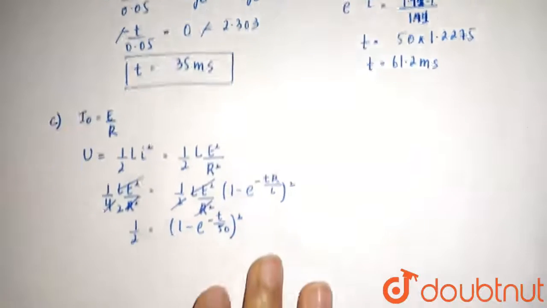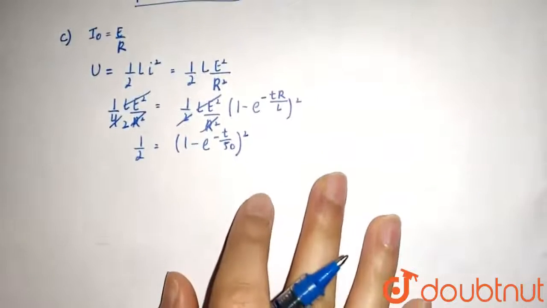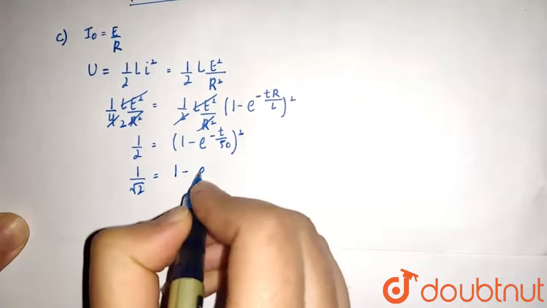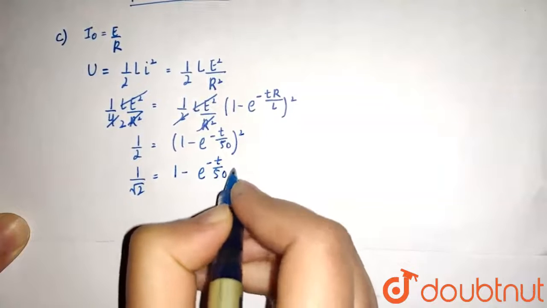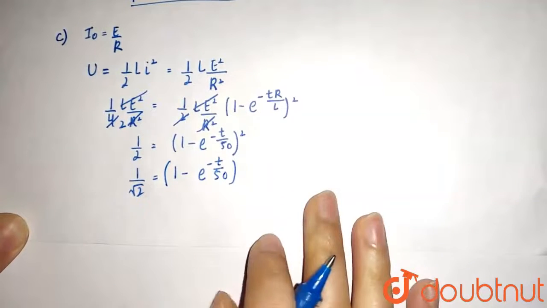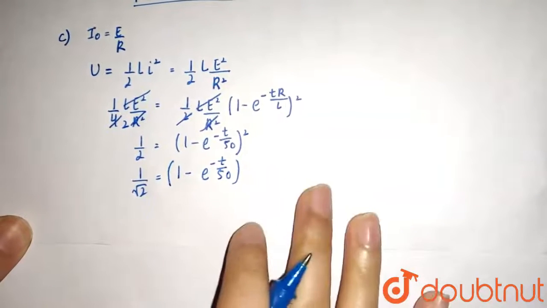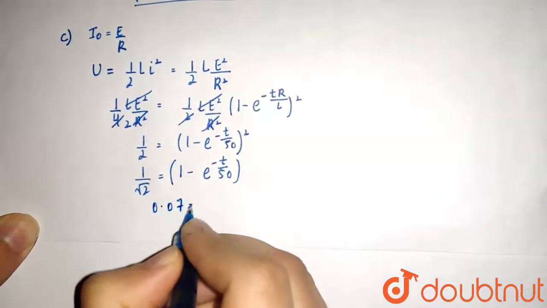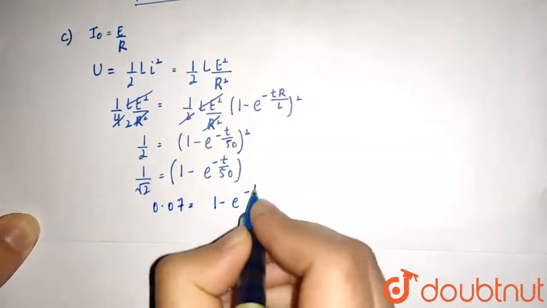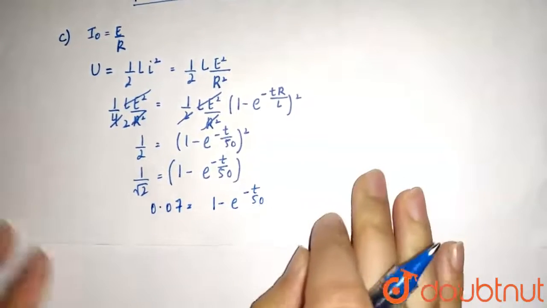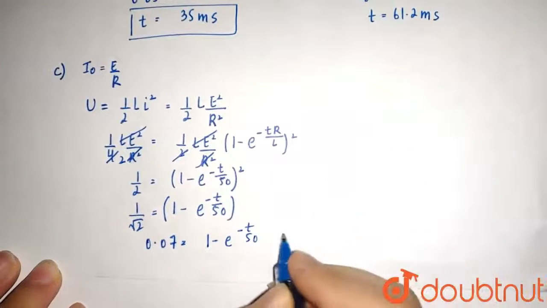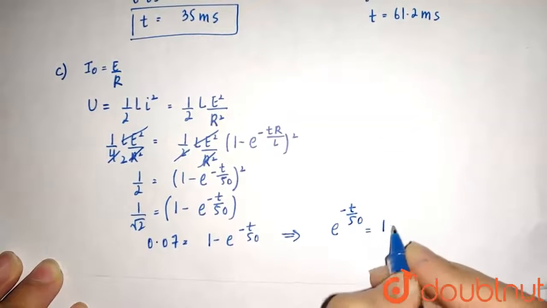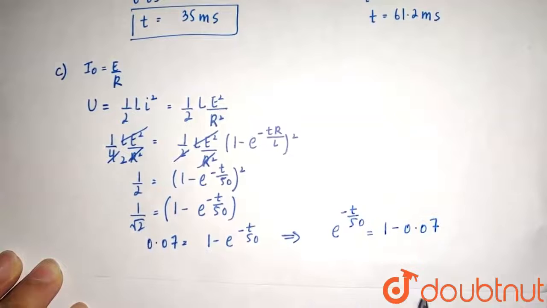So this implies 1 by root 2 is equal to 1 minus e to the power minus t by 50. After this, 1 by root 2 is 0.07, that is equal to 1 minus e to the power minus t by 50, and then subtracting, this implies e to the power minus t by 50 is equal to 1 minus 0.07.